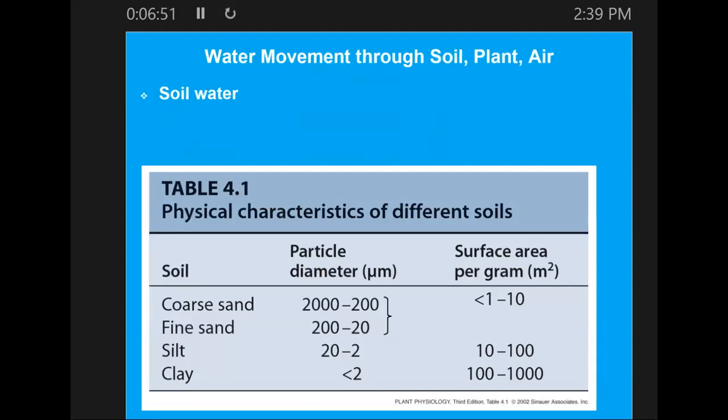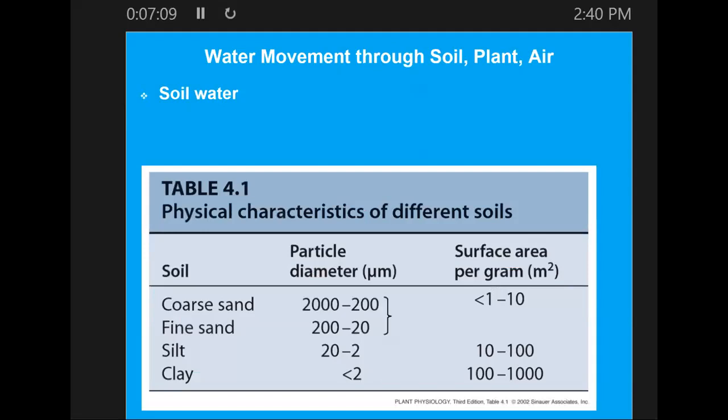This is just a glimpse of a comparison between a couple of different soil mixtures. If you have coarse or fine sand, silt, or clay, you're seeing that the particle diameter of those different types of soils varies tremendously.